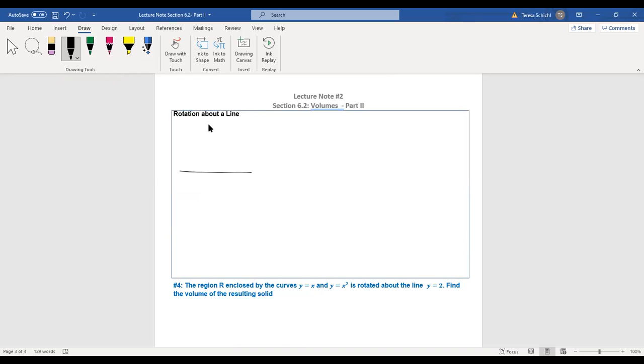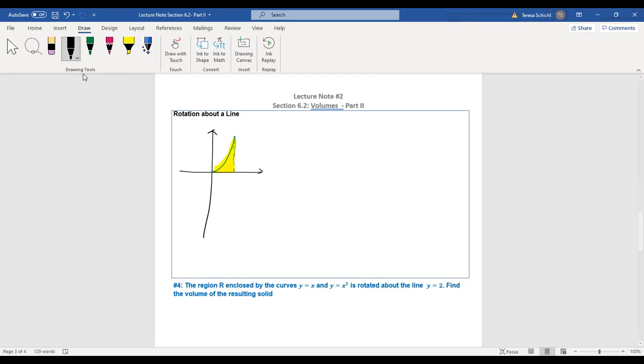This will be an easy example. I have my function, a simple function, and this is the region I am rotating.